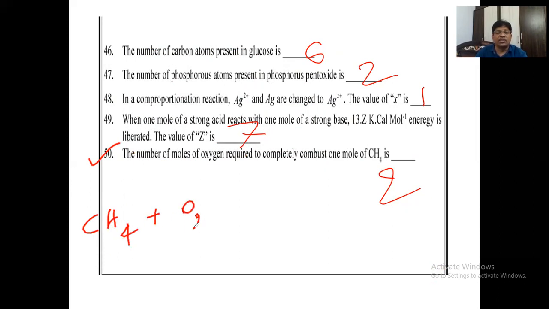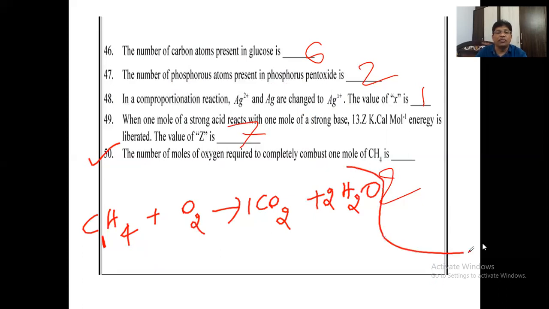When a hydrocarbon combines with oxygen, it always gives CO2 and H2O. How many carbon atoms are in this? 1. Therefore, 1 CO2 will form. How many hydrogens? 4. 4 by 2, that is the number of hydrogen atoms in 1 molecule of the hydrocarbon divided by 2, which is 2. Therefore, 2 H2O will form. So 2 H2O and 1 CO2 are formed here.